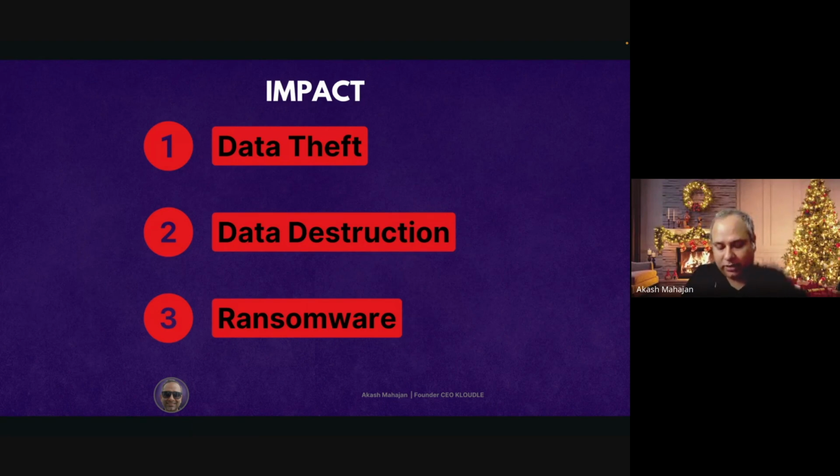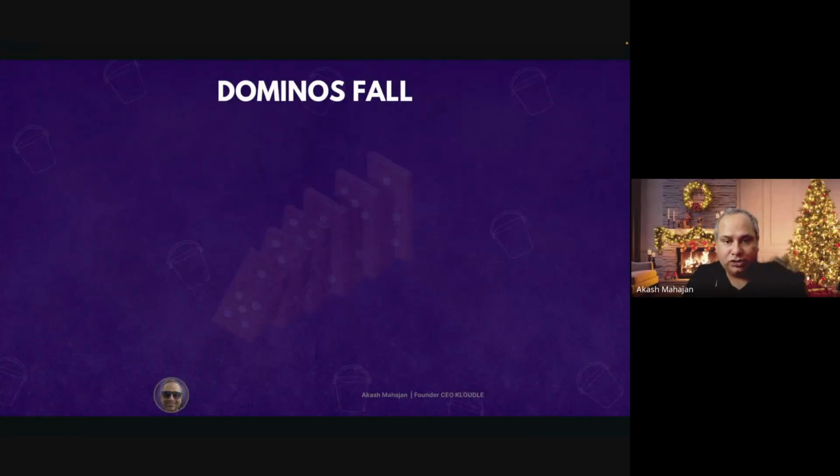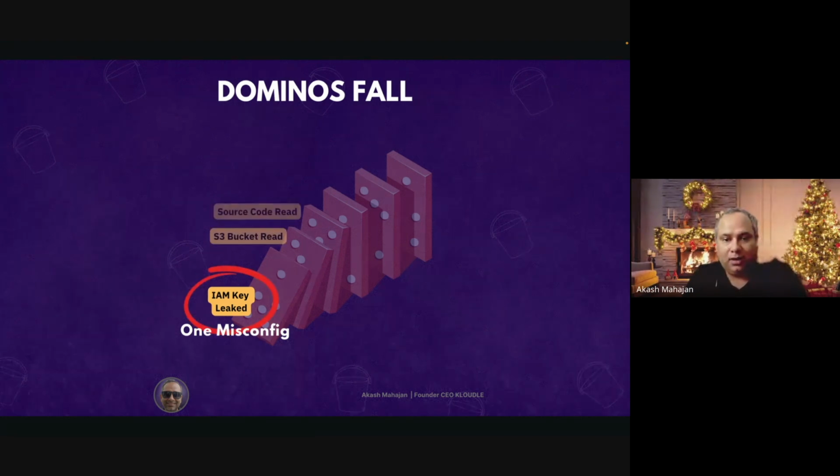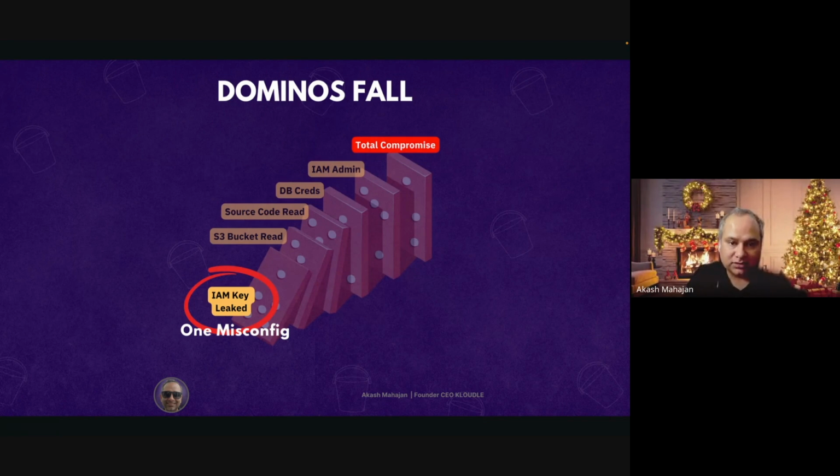They're able to encrypt data in S3 buckets, and that becomes a ransomware problem, right? So just to repeat, the dominoes fell from one misconfig, which is key leaked, to S3 bucket, source code, DB creds, IAM admin, and total compromise.